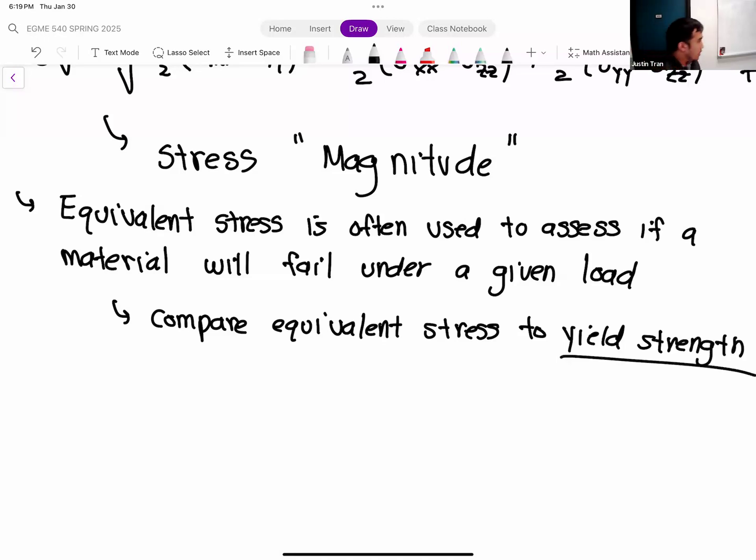Every material has a yield strength, which basically describes the maximum amount of internal stress that it can withstand before it starts to break.